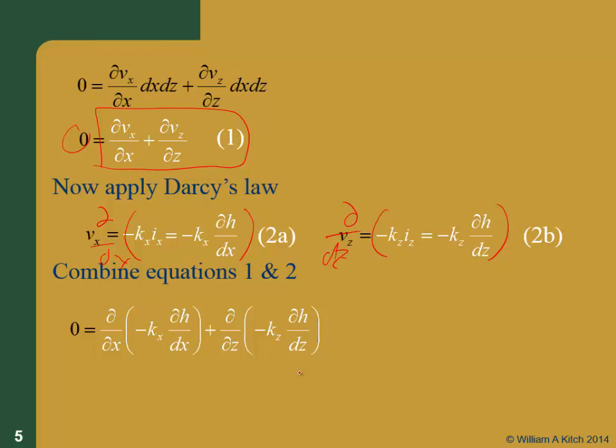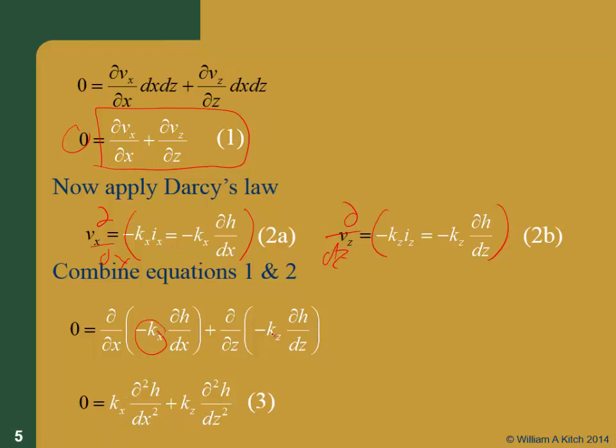Well, this is what I just said. What's going to be the change in Kx with respect to x? Well, if it's a uniform material, it could be anisotropic right now. If it's a uniform material, it's going to be constant, right? So when I do this differential, the constants are just going to come out front.